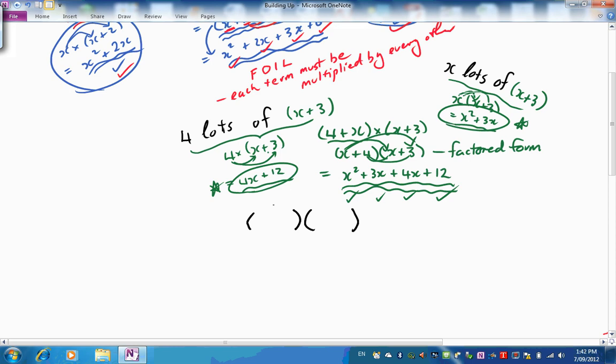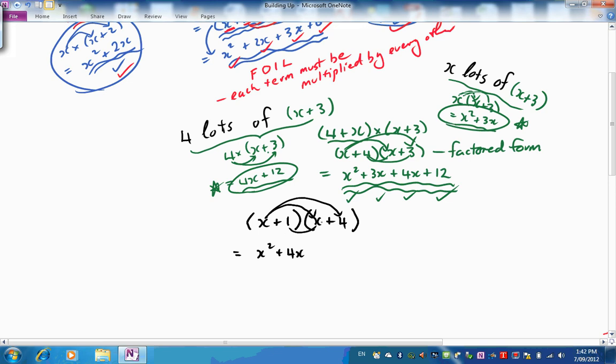Well, we might say if we have x plus 1 in here and x plus 4 in here, what it really means is we've got x lots of x plus 4, so it's x times x is x squared, and x times 4 is 4x.